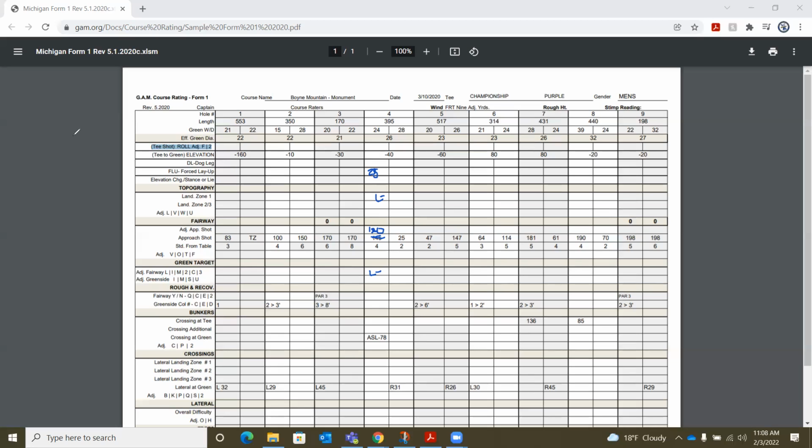So the discussion we had was, we would probably lay him back further to make sure the ball didn't have a chance to reach the slope. So rather than laying him up, we laid him back a little further.